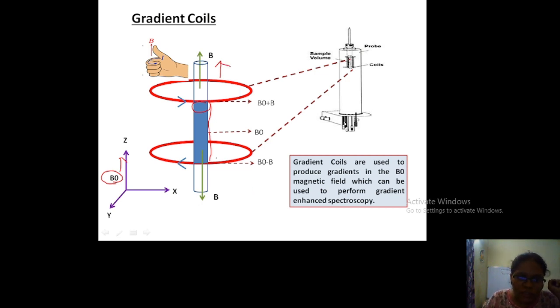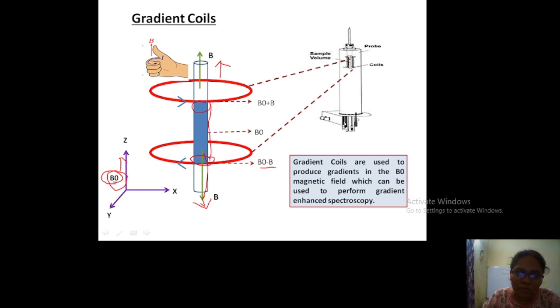Now the molecules in the region near this lower coil will experience a magnetic field which is less than B naught, because the magnetic field generated by this coil points in the opposite direction of B naught. So the net magnetic field experienced by the molecules in this region will be B naught minus B.